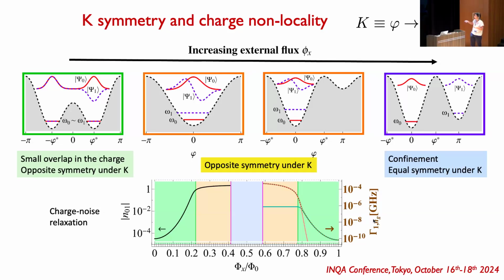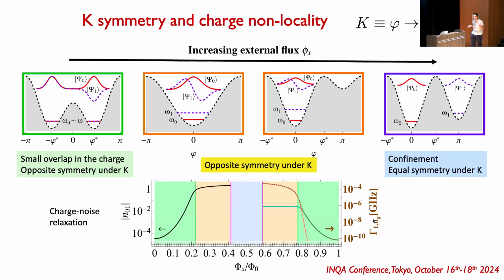You increase the flux more, and now the first excited state moves to the second well, because this goes down and the first excited state becomes this. In this situation, the two states have the same symmetry under phi to minus phi. And this means that they are completely decoupled by symmetry, not by localization. They cannot be coupled by an anti-symmetric operator like the charge. So here we have the suppression of relaxation due to localization. Here in the transmon, finite relaxation. Here, 0 because of symmetry.